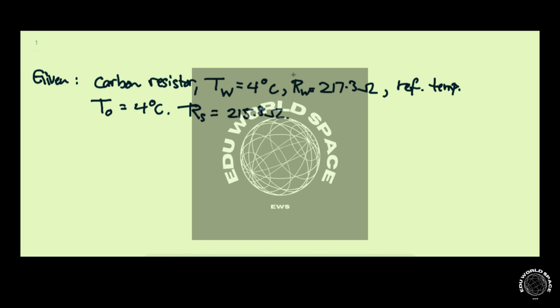I've labeled these with W because the problem says on a winter day. The reference temperature is 4 degrees Celsius, and they want to know on a different day, when the resistor has a resistance of 215.8 ohms, what is the temperature on that day?